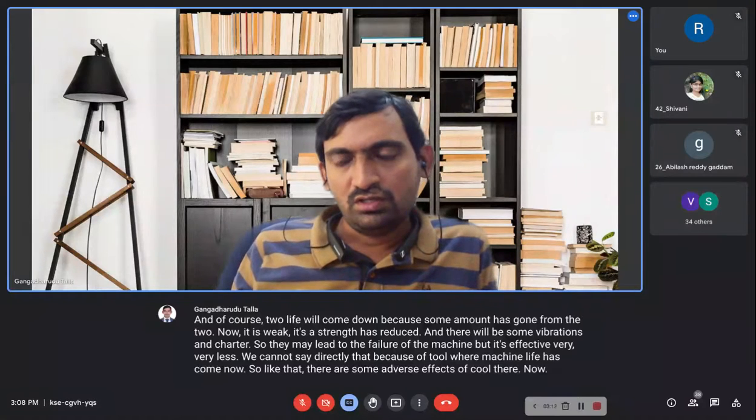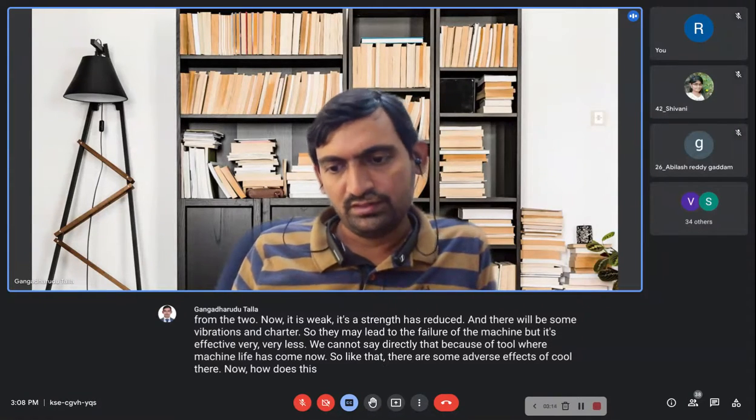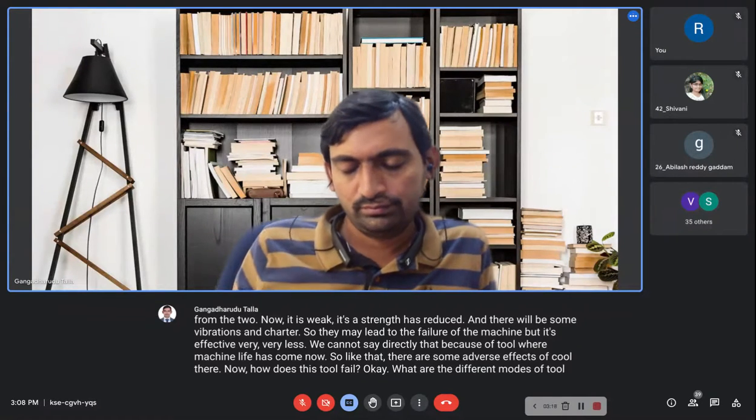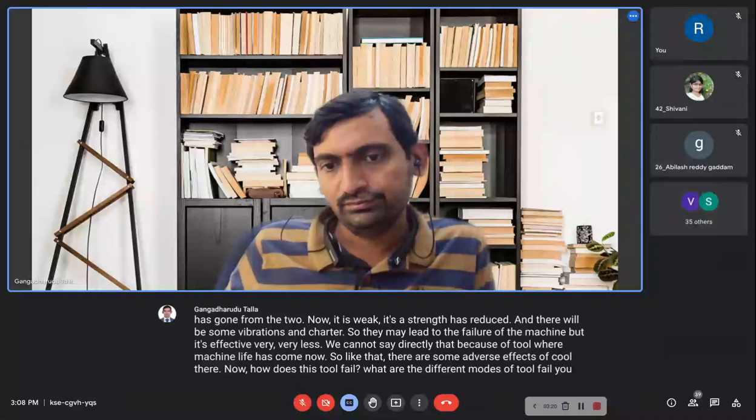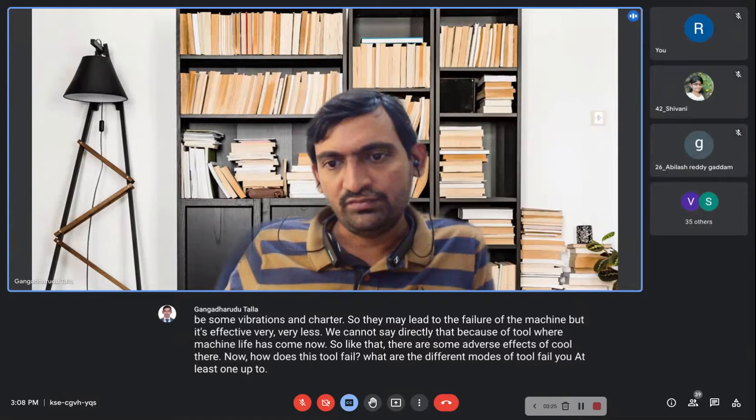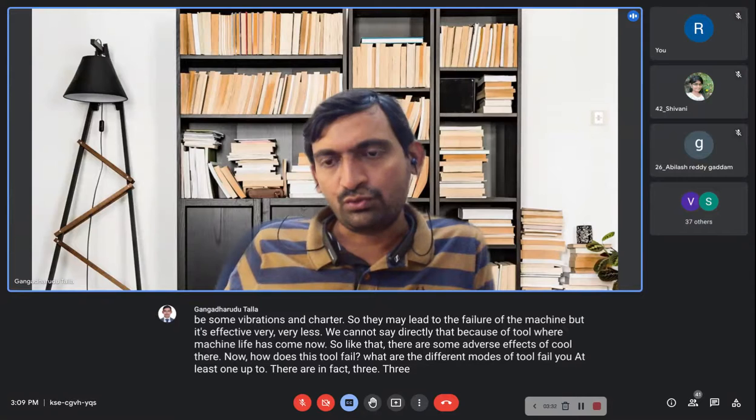Now, how does this tool fail? What are the different modes of tool failure? At least one or two. There are in fact three modes of tool failure.